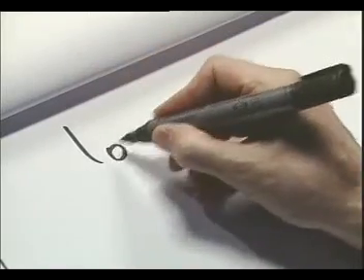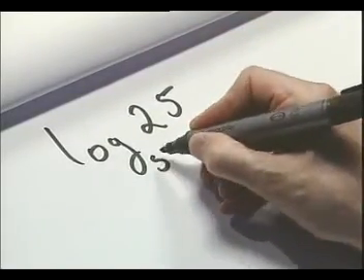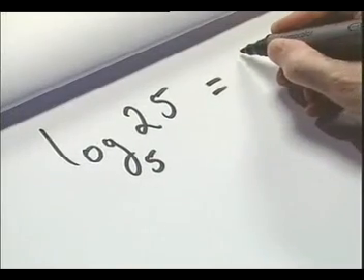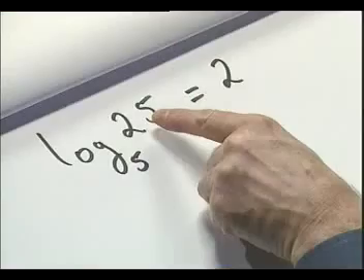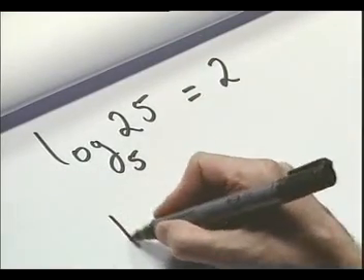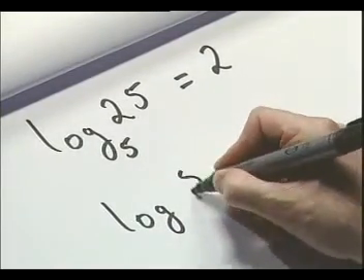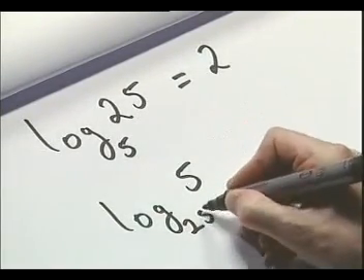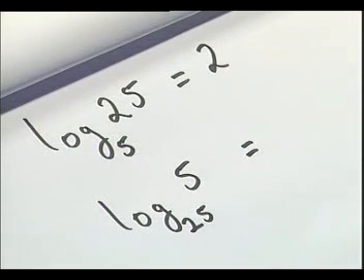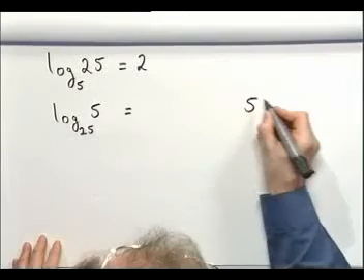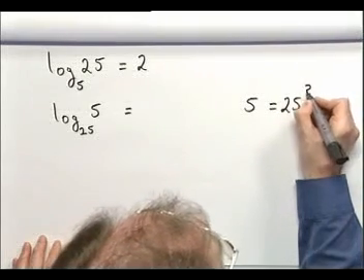So we've got log of 25 to base 5. We know that that's 2. Now what if I interchange the number and the base? So that I'm asking the question, what's the log of 5 to base 25? Now that's the same as asking, if I have 5, how can I write it as a power of 25?